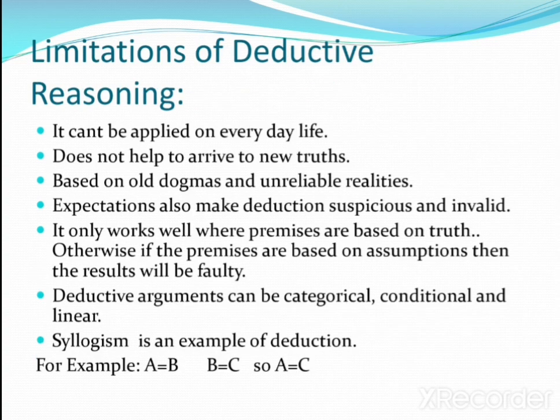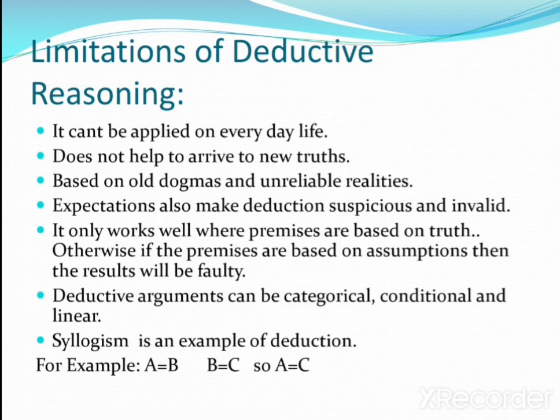There are some limitations of this deductive reasoning that we are going to discuss in this chapter. You see that deductive reasoning cannot be applied to everyday life because every day we face different problems and every problem cannot be given a solution through deductive reasoning.